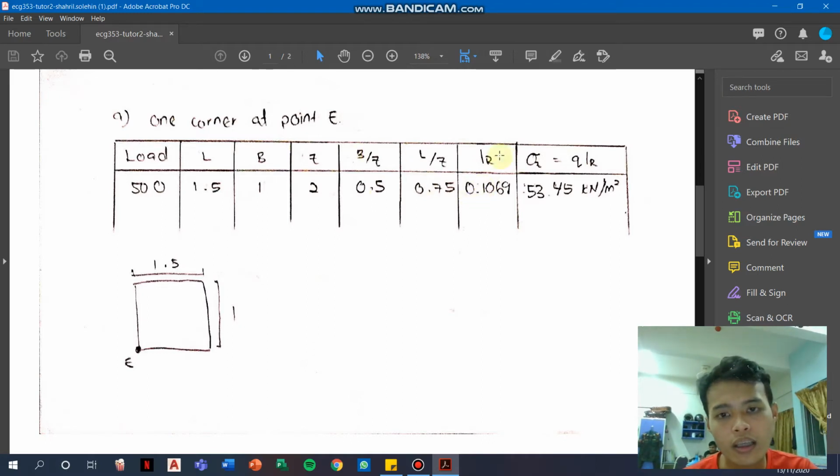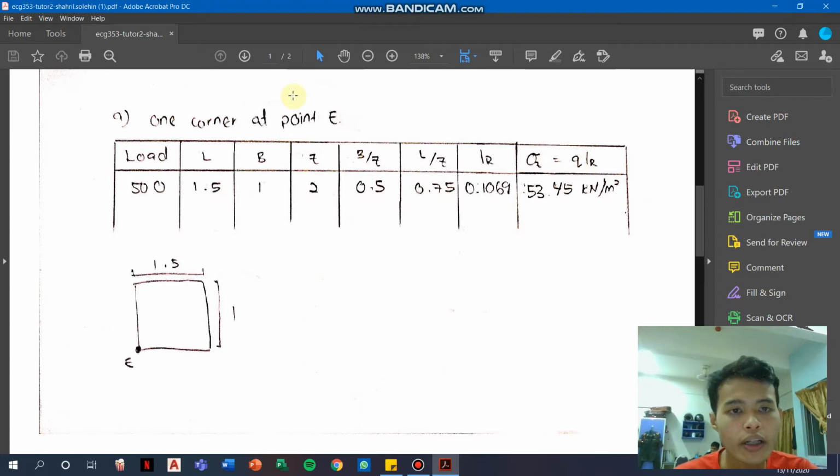You can find the IR by referring to the table or by using the equation. We get IR at point E equal to 0.1069. For the vertical stress at point E, we use the formula Q times IR.